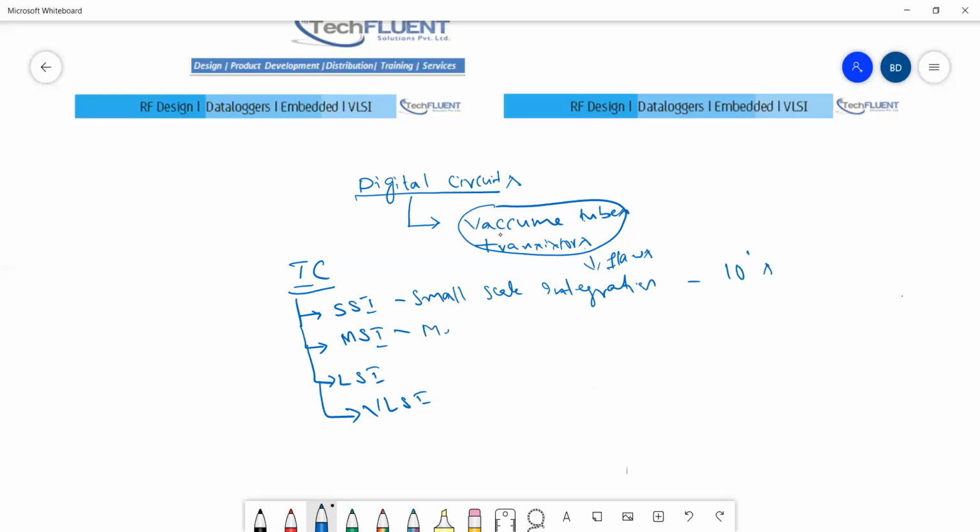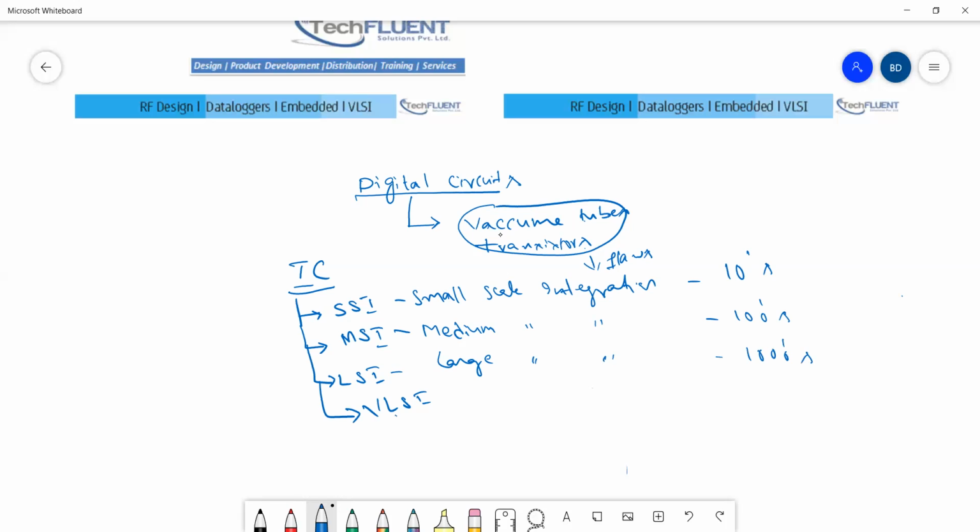MSI is medium scale integration, where up to 100 gates are fabricated on a single silicon chip. LSI is large scale integration, where up to 1000 gates are fabricated on the silicon chip.